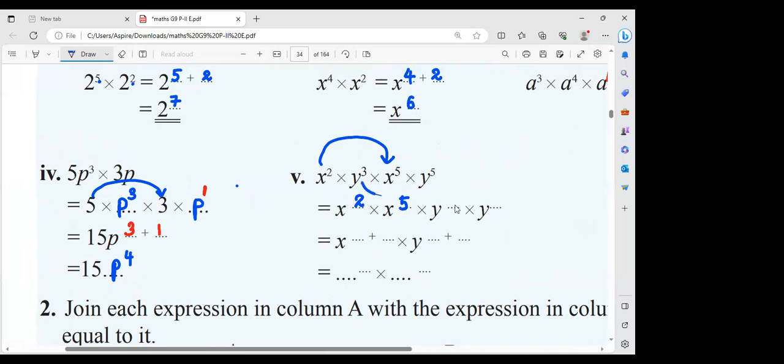Then y to the power of 3 times y to the power of 5. Then 2 and 5 should be added, and here 3 and 5 are added. Here it should be x, 2 plus 5 is 7. Y, 3 plus 5 is 8. Then x to the power of 7, y to the power of 8.